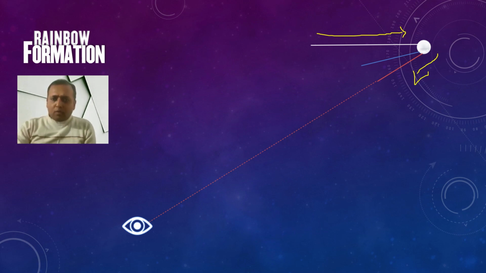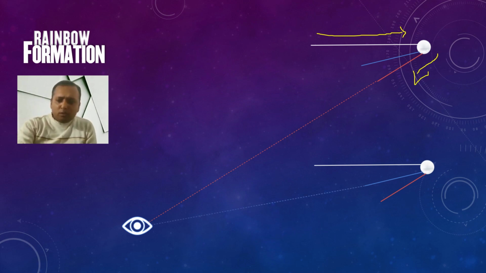Next, the red light reaches the observer, and there will also be drops that are below, which will be performing a similar action to this droplet. And then from here, the blue light will be entering the observer's eye.